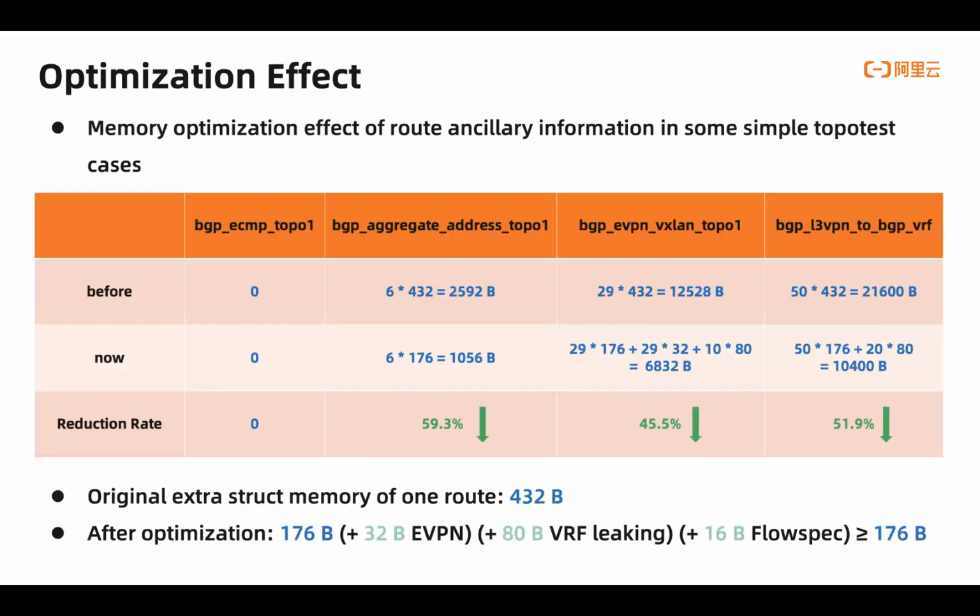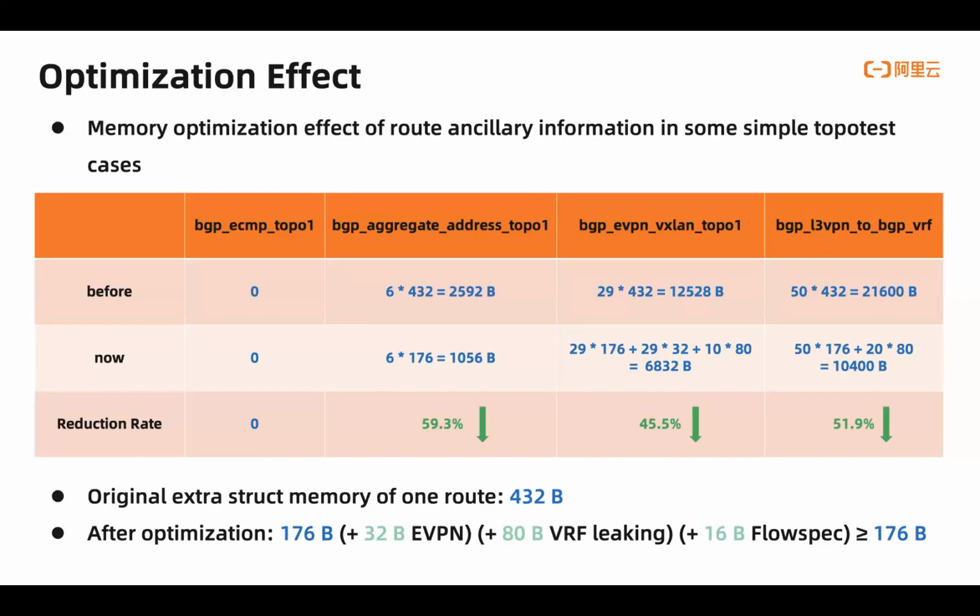And then I chose a few typical test cases to get an initial look at the optimization effect. Some test cases, such as bgp_ecmp_topo1, do not use the BGP path info extra data structure, in which case there is no optimization effect.